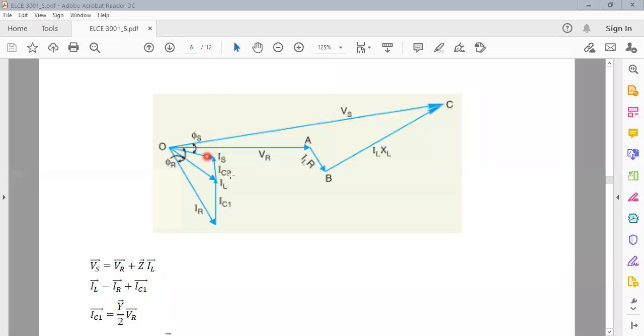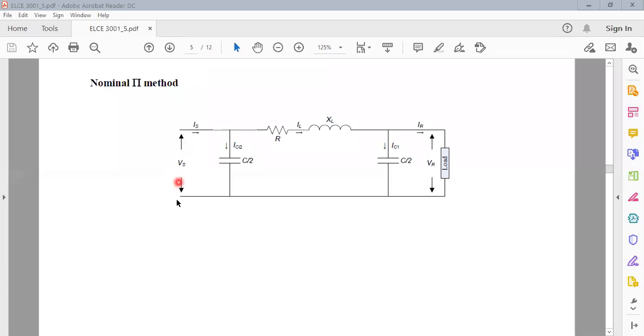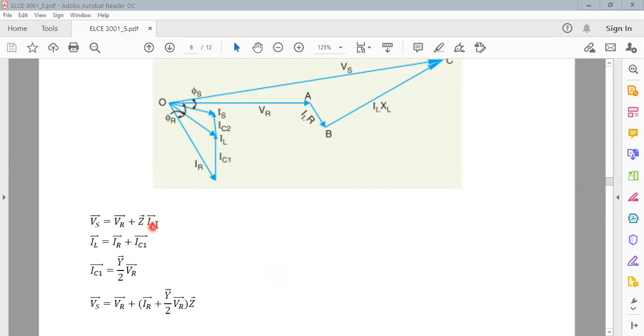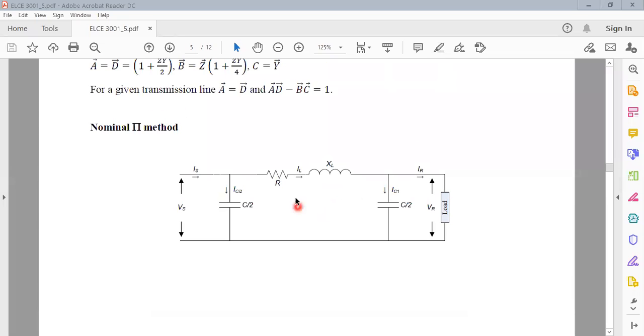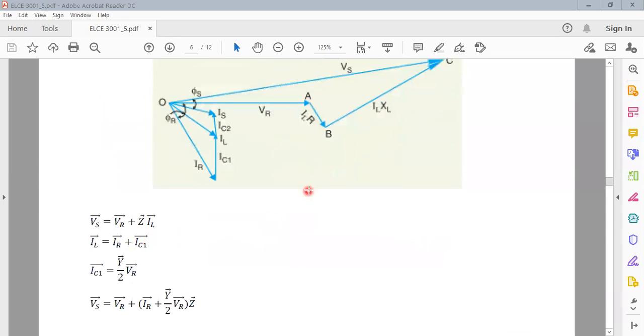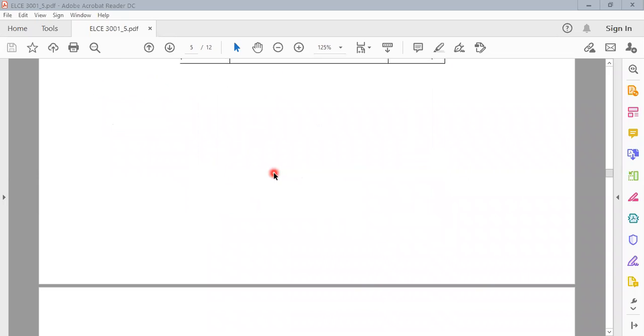So this is the phasor diagram. This is VS. VS equals VR plus IL multiplied by Z, this current. So VS equals VR plus this voltage. IL here, if you look, becomes IC1 plus IR. IS equals IC2 plus IL.